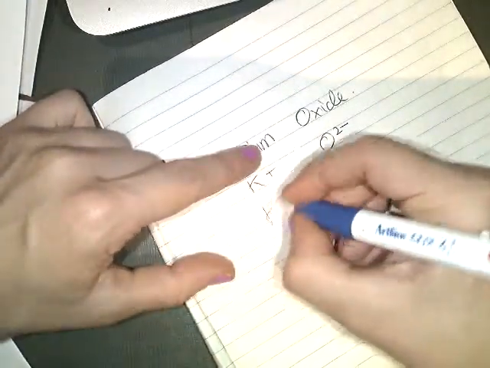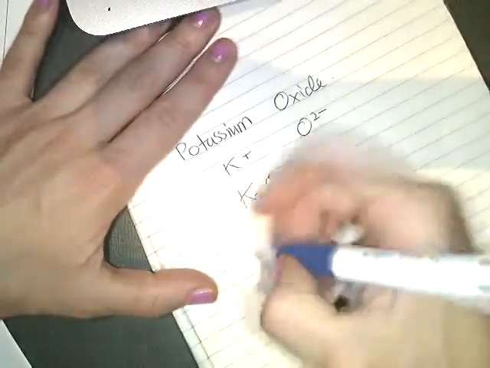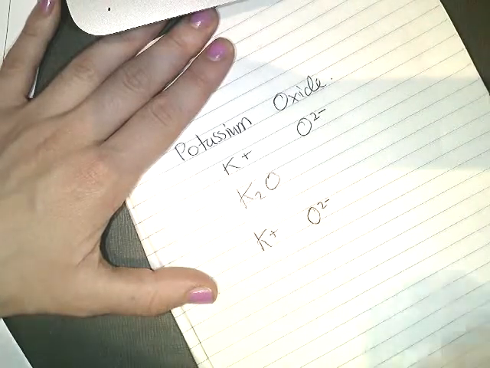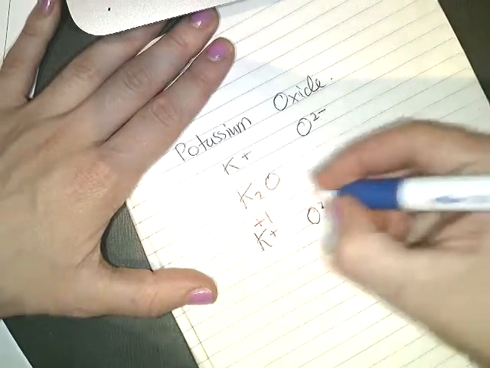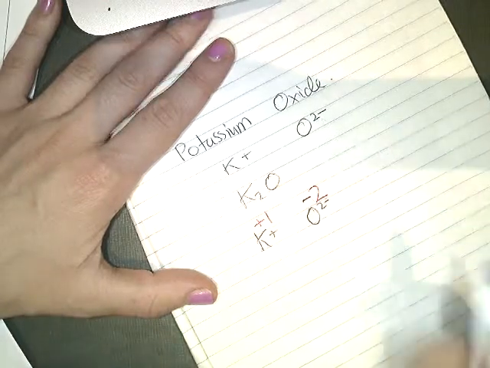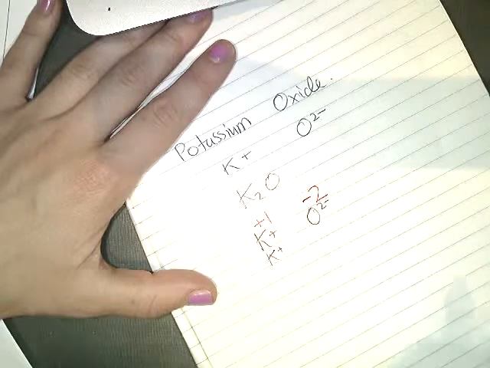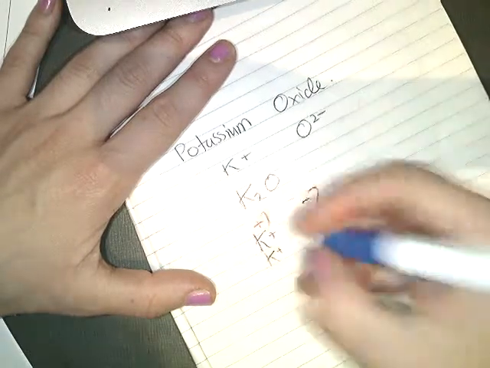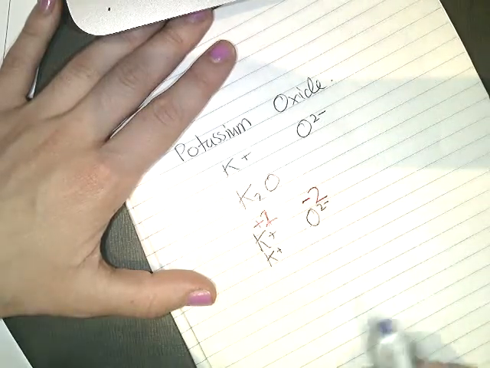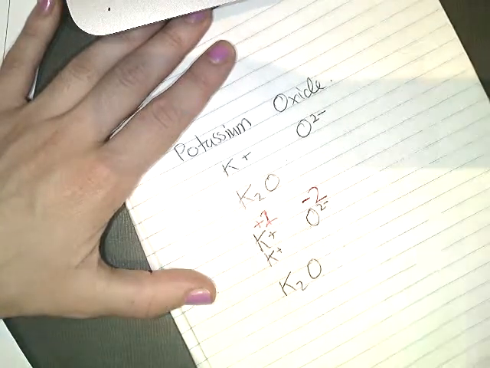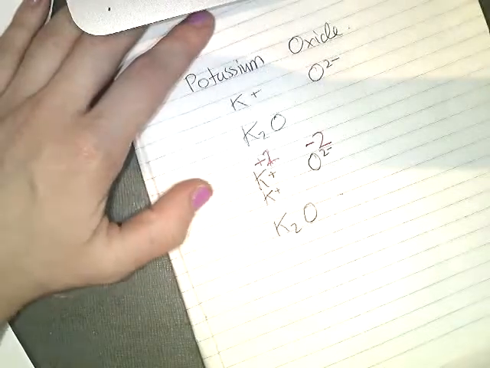Now, they swap superscript numbers, so it's K2O. But let's see if that works out. K+ and O2-. This is +1, this is -2. We need to make sure we have 2 of the K pluses. So +2 -2, meaning it's K2O. So it does work out like that.